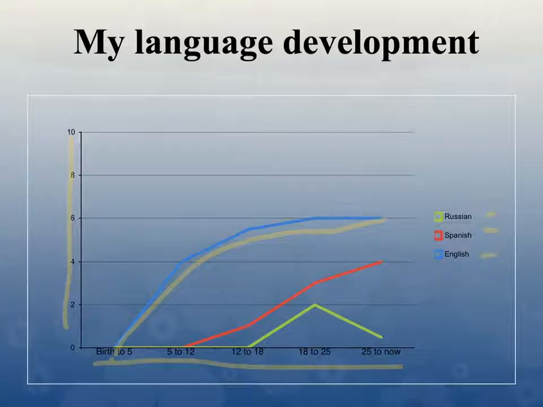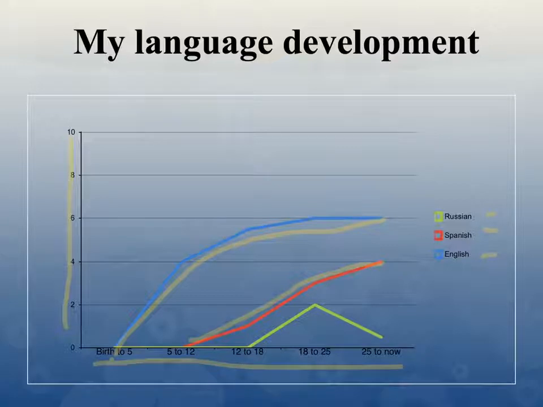I learned Spanish beginning around the age of 14, and it has continued to develop, and since I continue to use it, I'm feeling quite comfortable, but of course I'm not as proficient in Spanish as I am in English.